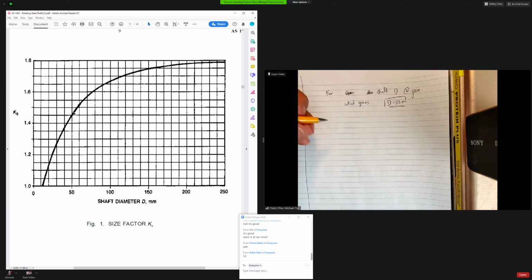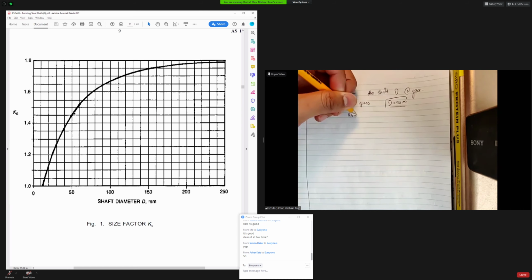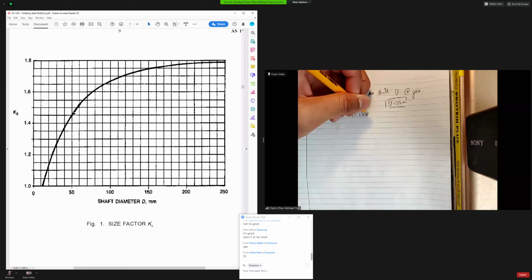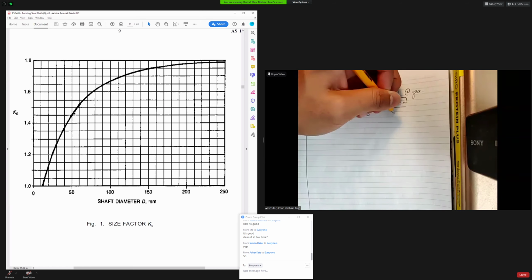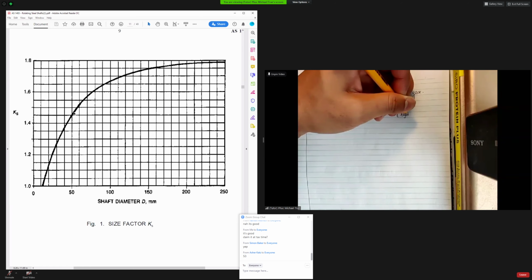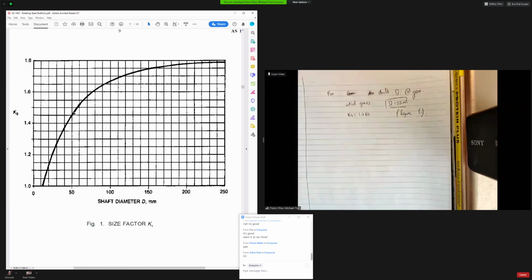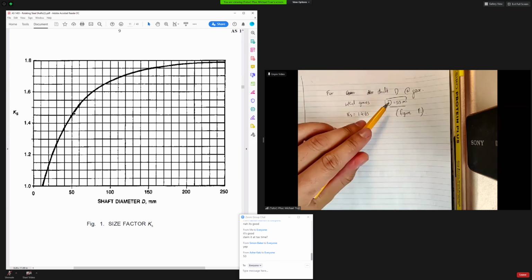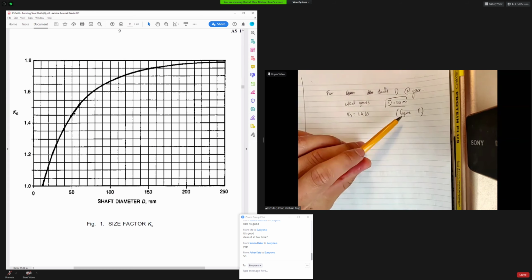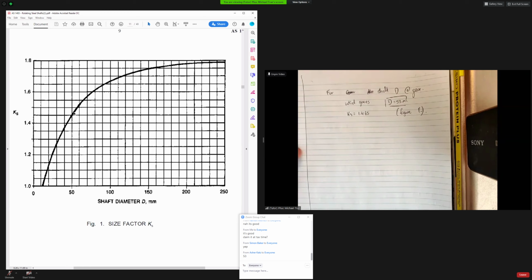Yeah, I'll go with that. KS equals 1.4, what did I say? 1.465 from figure 1. Right? So your initial guess is D, and you use that, shove it into the table, and get KS.